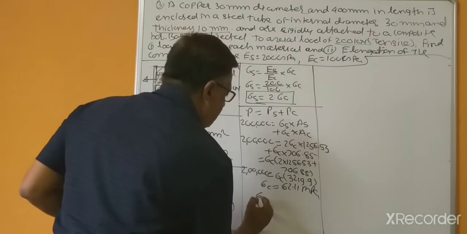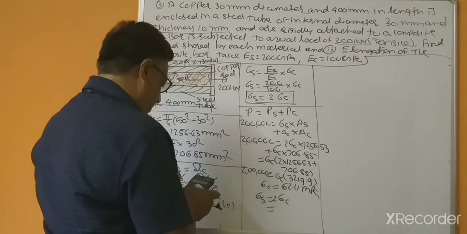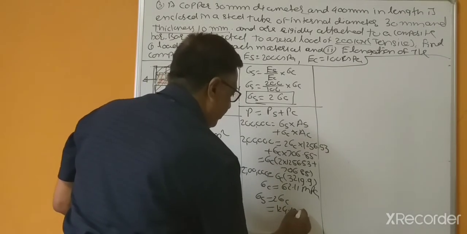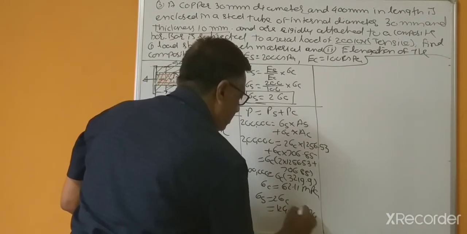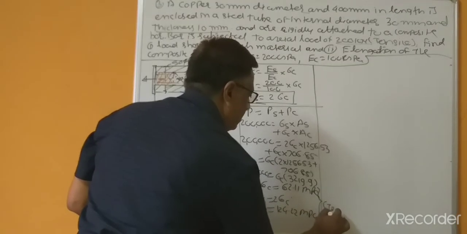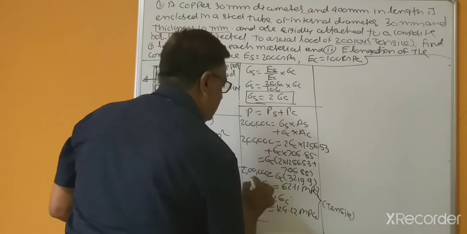Now sigma S equal to 2 times sigma C, so multiplied by 2, 124.22 megapascals, and both are tensile.